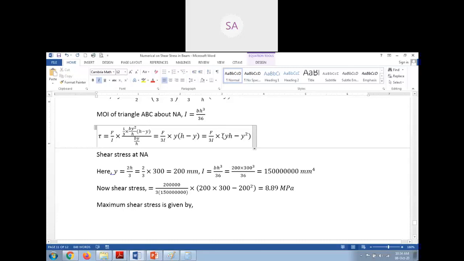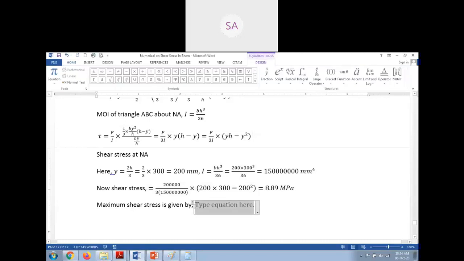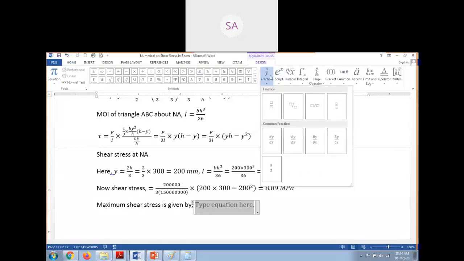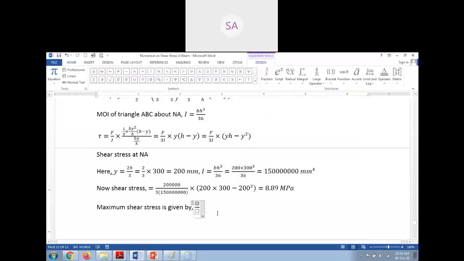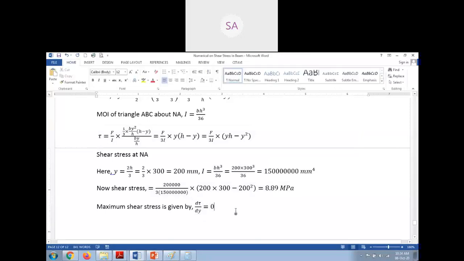From that I will get the location of maximum shear stress. So d tau by dy is equal to 0. If you solve this condition, you will get the actual value of this.